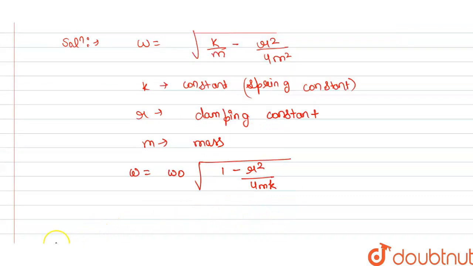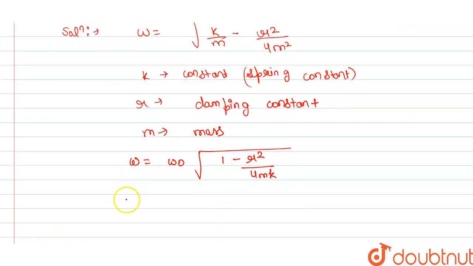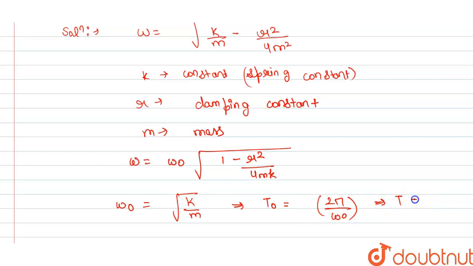So from this, the initial angular frequency omega 0 is under root k by m, and the time period T0 is equal to 2 pi divided by omega 0. Similarly T is 2 pi divided by omega.